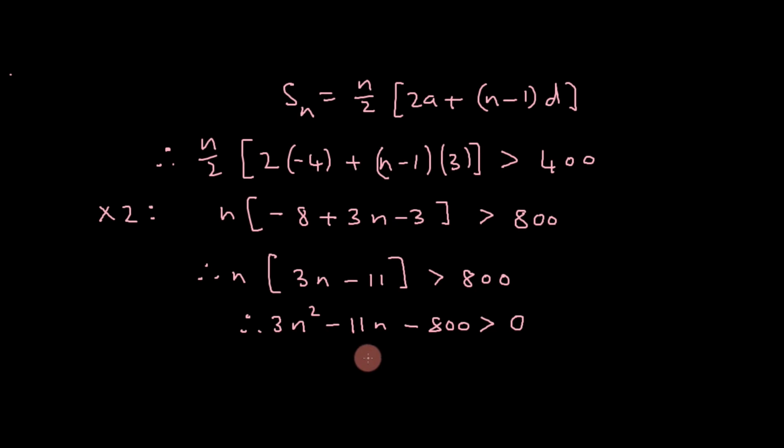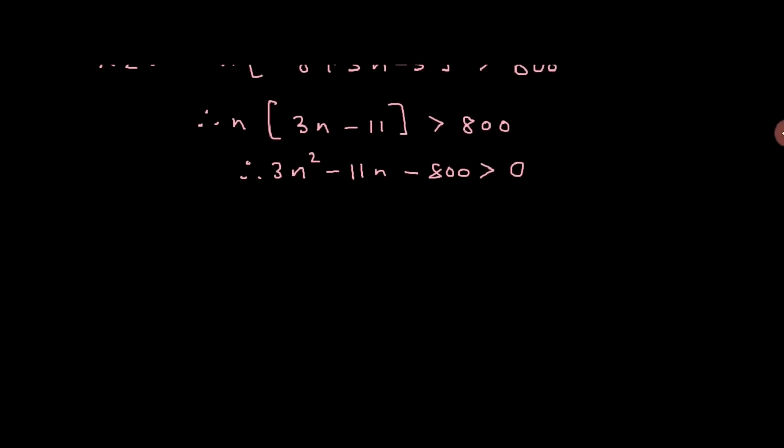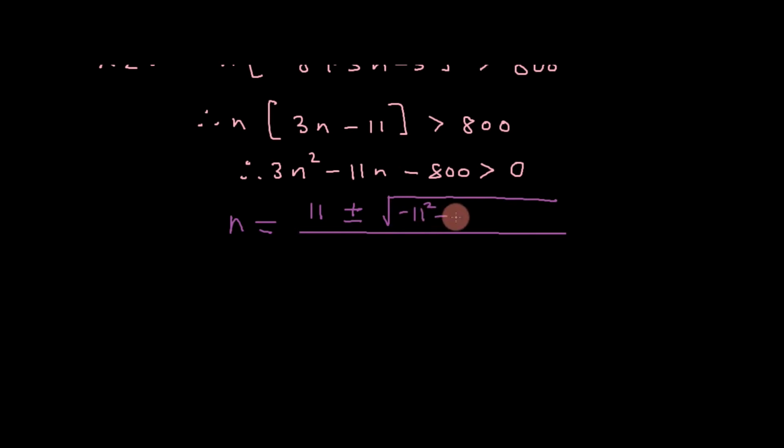We can first solve this as an equation using the quadratic formula. So n will equal negative b, and of course b is negative 11. So negative b will be positive 11 plus or minus the square root of b squared minus 4ac. A is 3, and c is negative 800.